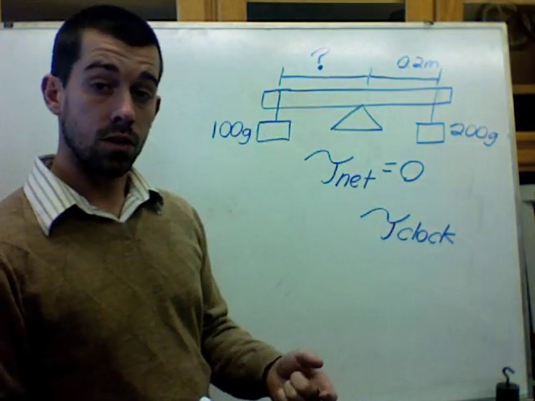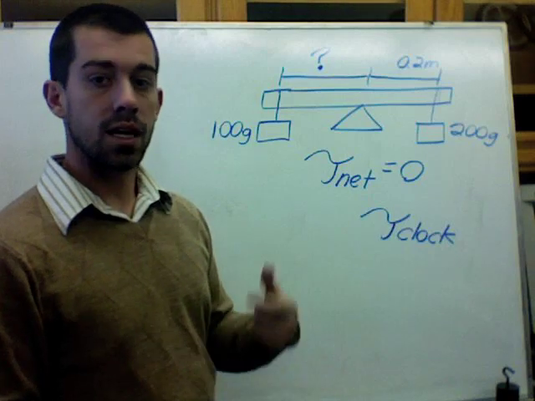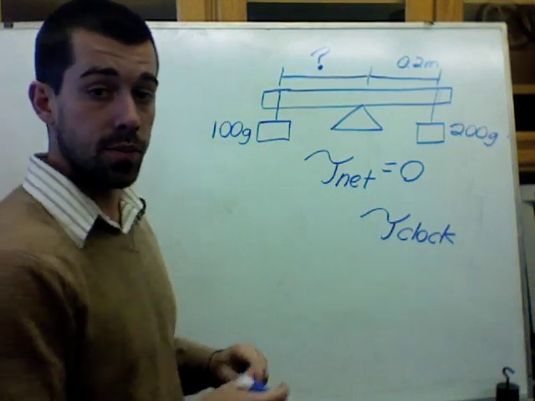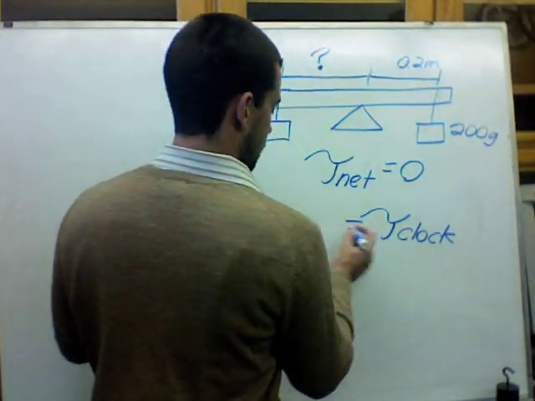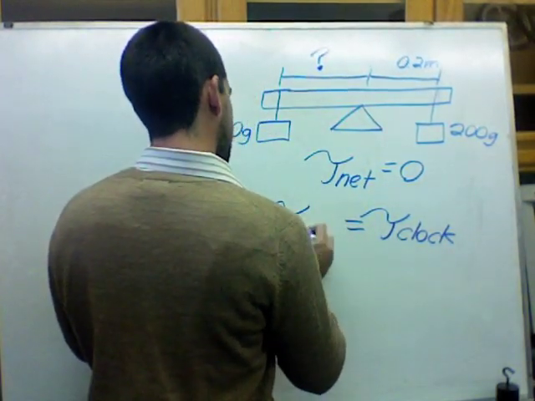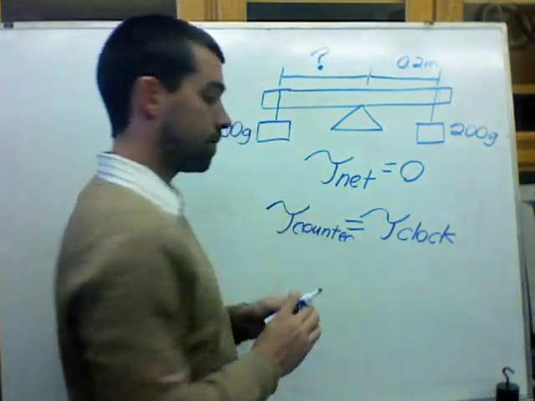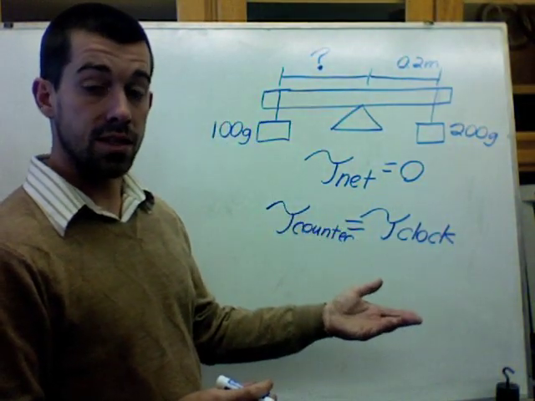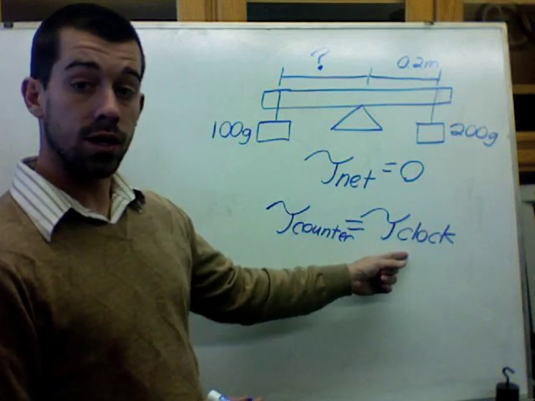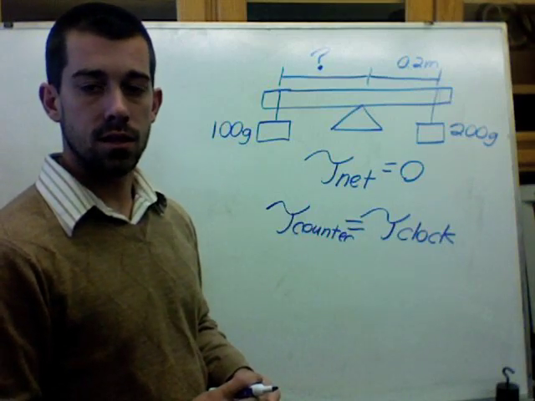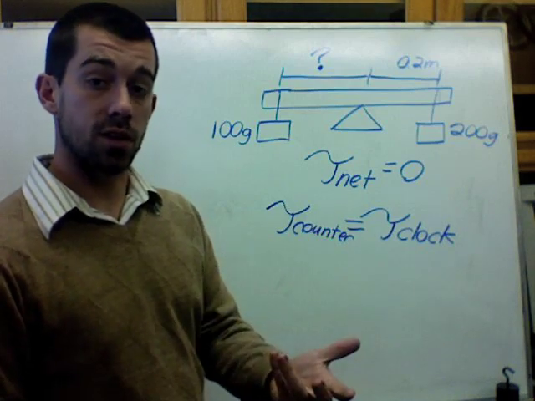On the other hand, we also have a torque counterclockwise that comes from this 100 gram mass. Of course, because the net torque is zero, the torque clockwise is equal to the torque counterclockwise. But how do we find out how much these are?